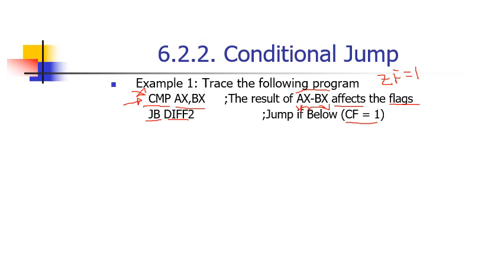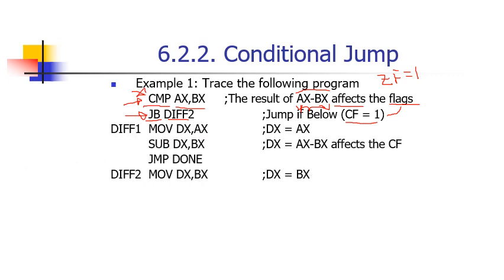So if the carry flag bit is 1, this means AX is lower than BX and the condition of this jump will be satisfied and you would have to go to def2. Okay, so now the condition is satisfied. You go to def2.